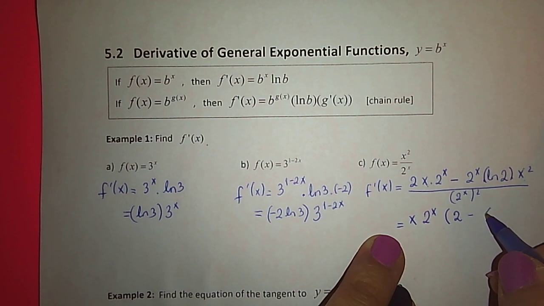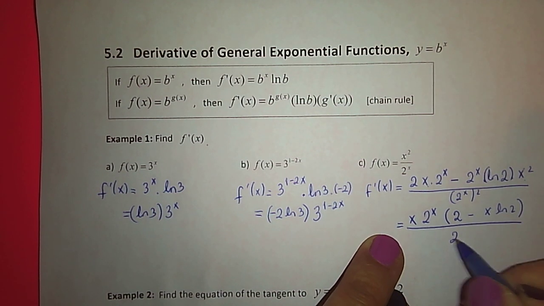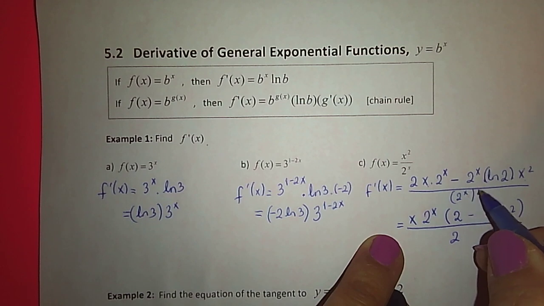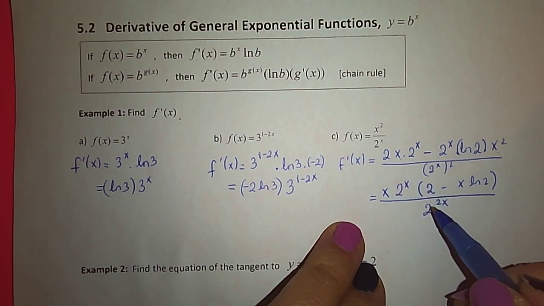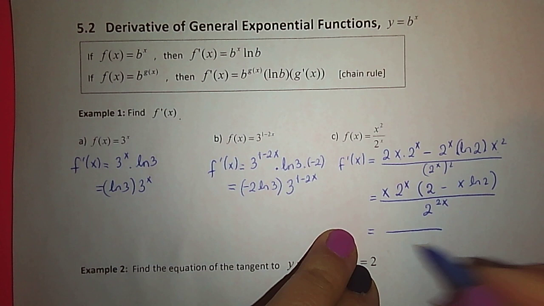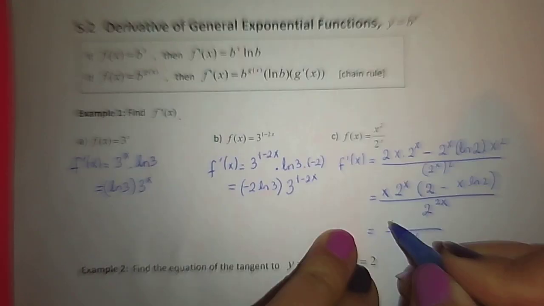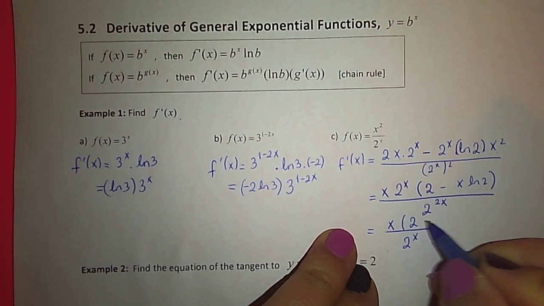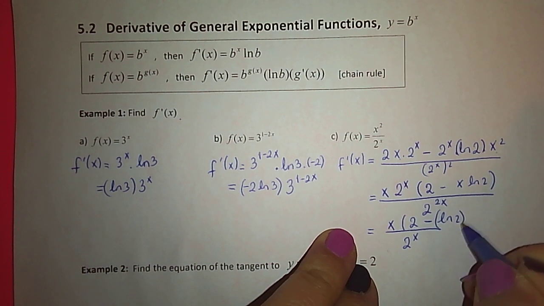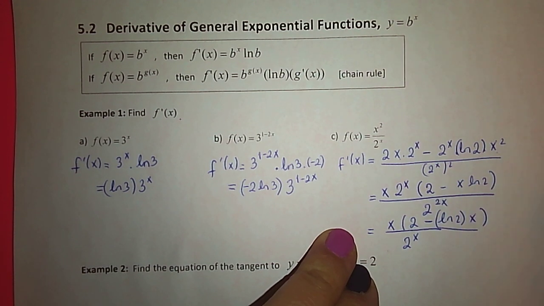So we get 2 minus x times ln 2, divided by 2 to the power of x to the power of 2, which gives us 2 to the power of 2x. Now we can simplify 2 to the power of x and 2 to the power of 2x. If we do that, we get 2 to the power of x for the denominator. And in the numerator we have x times 2 minus ln 2 times x, with ln 2 in a bracket.